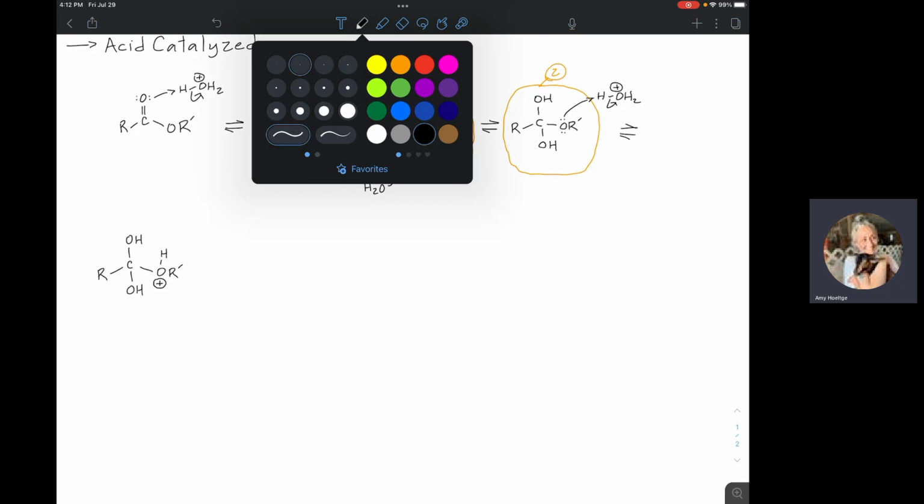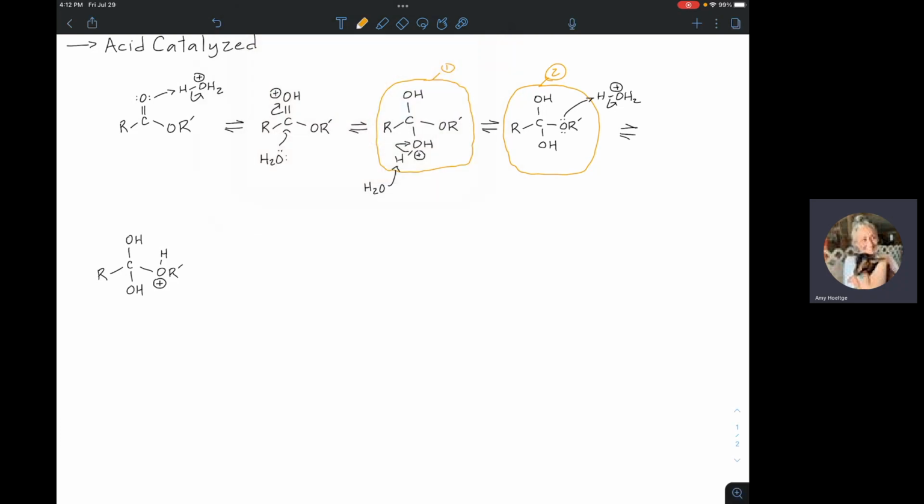So I'm going to circle this because we'll refer to this again as well. This will be tetrahedral intermediate number 3, which is also protonated. So we're going to highlight these. Our first tetrahedral intermediate is protonated. Our second one is neutral. And our third one is protonated.